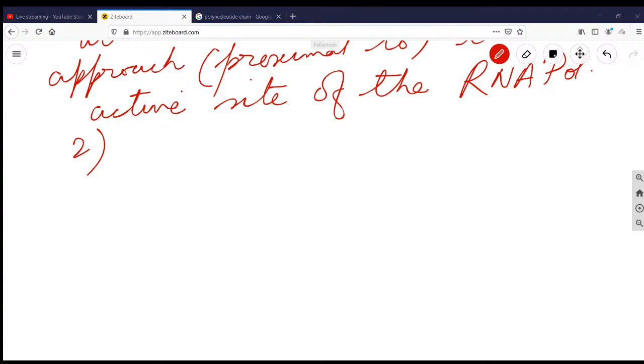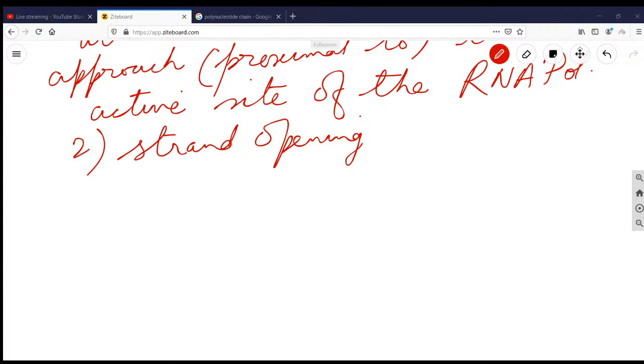Now, strand opening means denaturation is happening of the promoter DNA, starting from -11 to +3, means it will involve the -10 region, just like I had told you. So strand opening means denaturation, helicase activity is happening here.